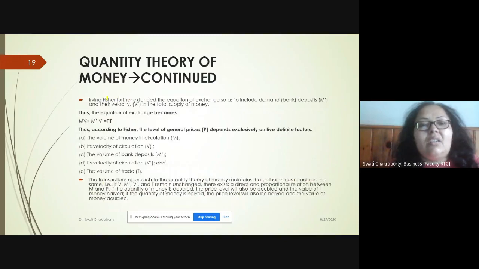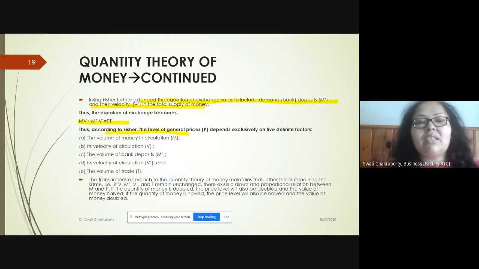Fisher also said this: he extended the equation of exchange and included demand deposits, bank demand deposits, that is M dash, and its velocity, that is V dash, in the total supply of money. So the new equation of exchange becomes MV plus M dash V dash equals PT.